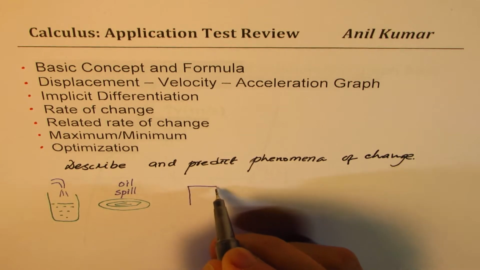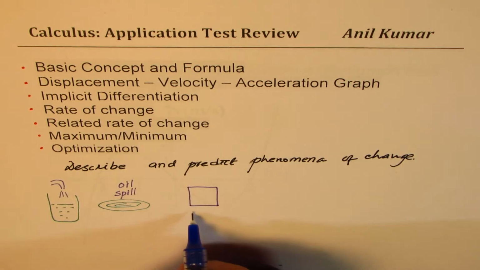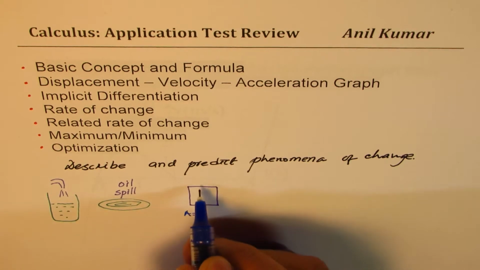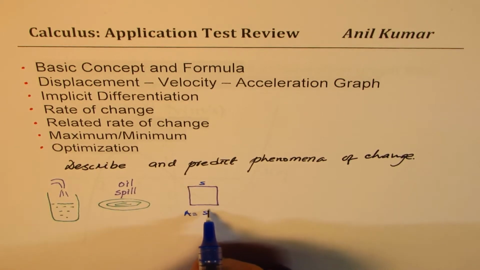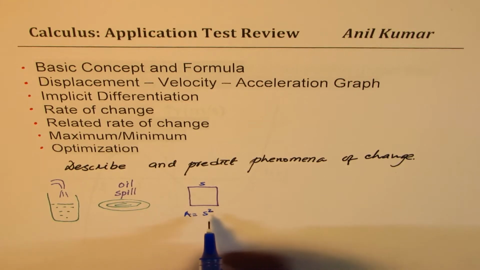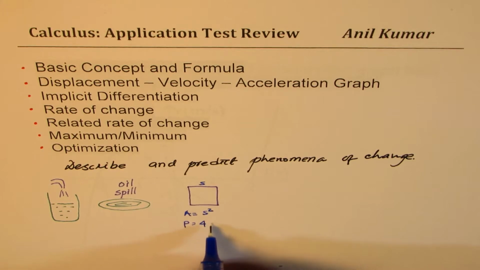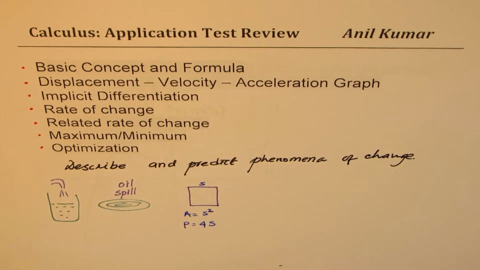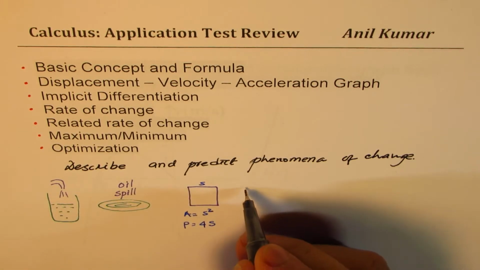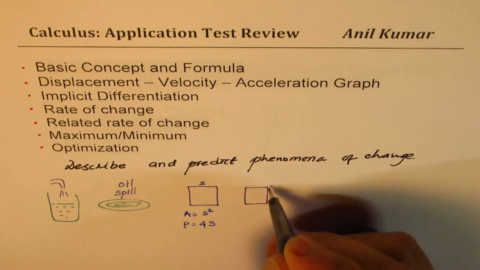I hope you remember what a square is to begin with. That's the simplest thing. Area for the square is, if S is the side, S square, right? And the perimeter is 4 times S, right? Now if I convert this square to a three-dimensional figure, for example, a cube, correct?